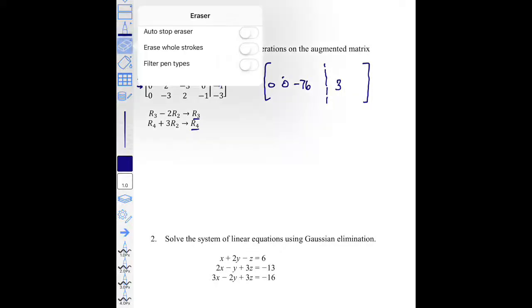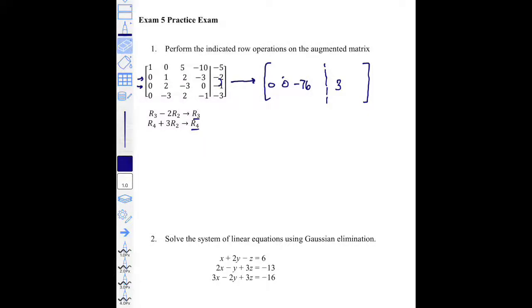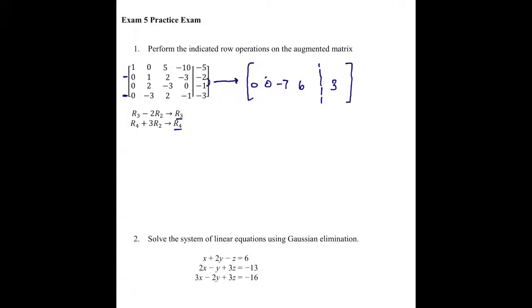Now for that last row operation, it's going to be row 4 and row 2. Row 4 plus 3 times row 2. So 0 plus 0 is 0. And then negative 3 plus 3 times 1 is 0.